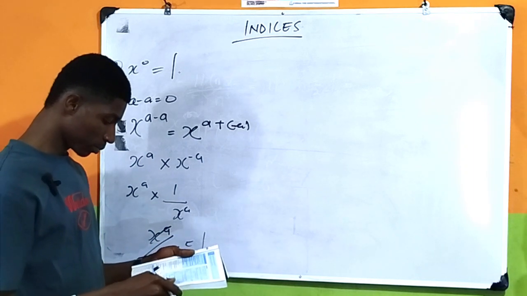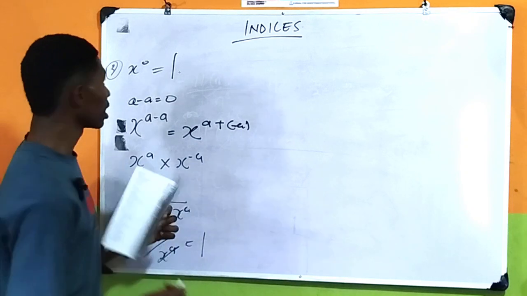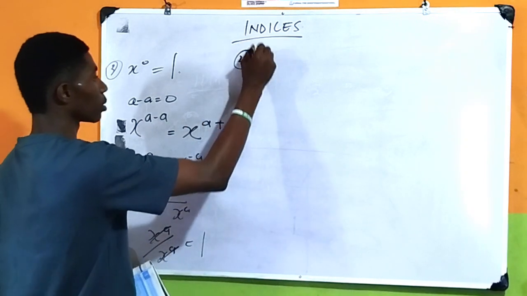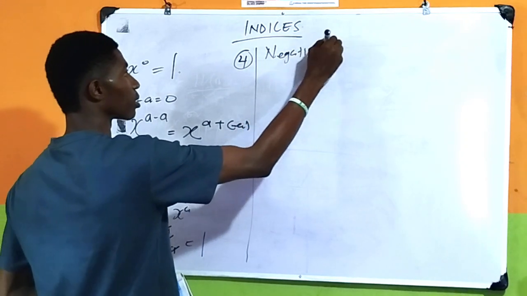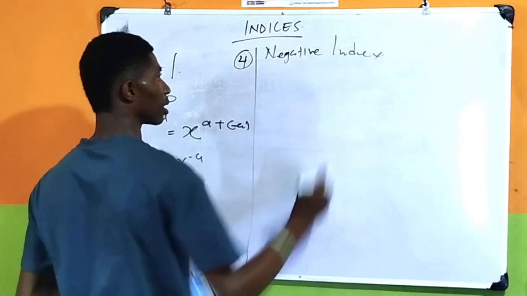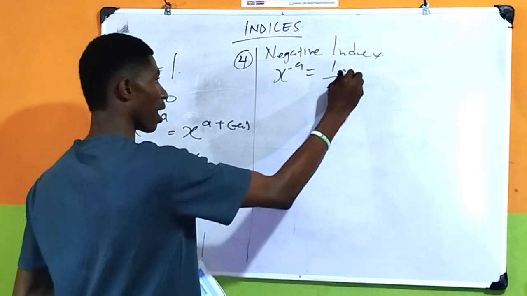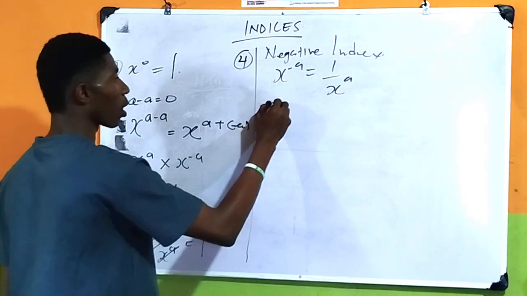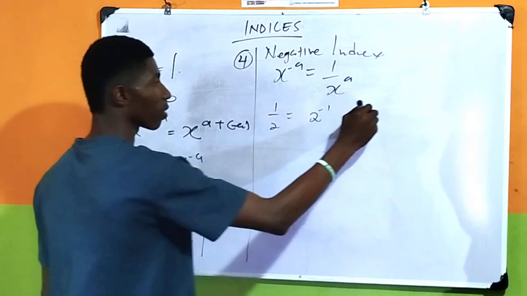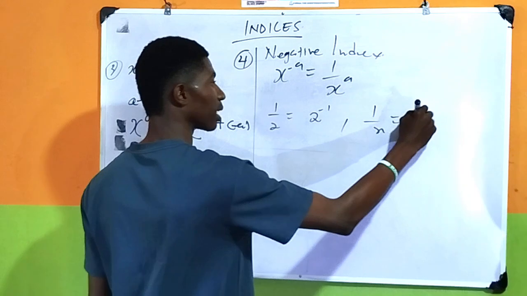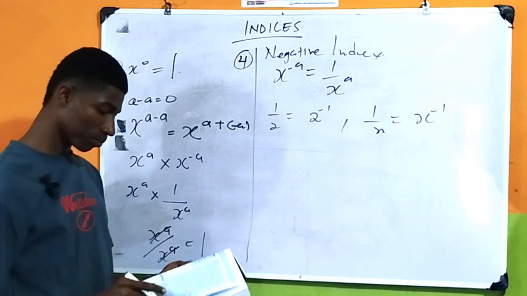Then we move to the negative index, which is the fourth law of indices. X^(-a) is equal to 1 over x^a. 1 over 2 is equal to 2^(-1). 1 over x is equal to x^(-1).